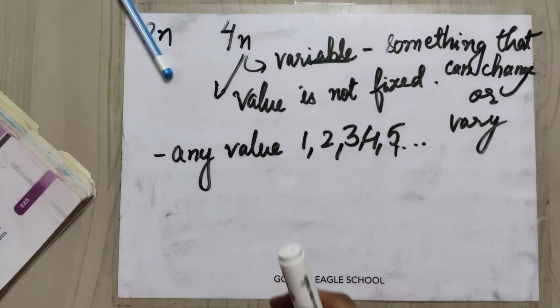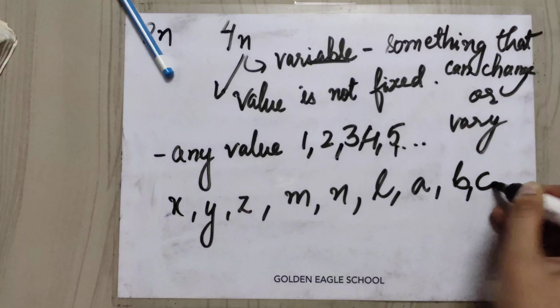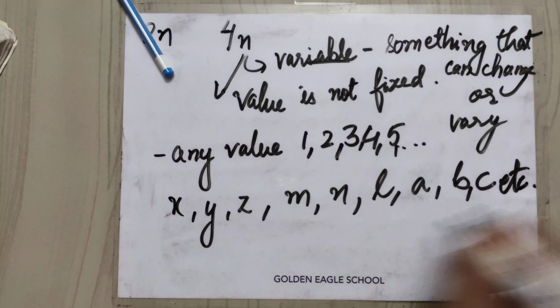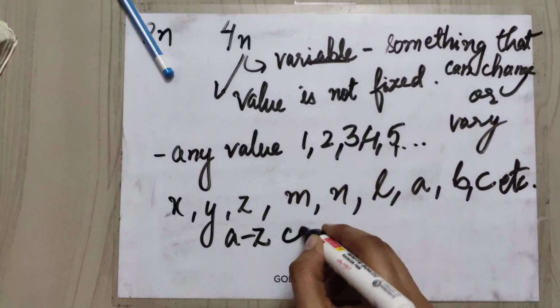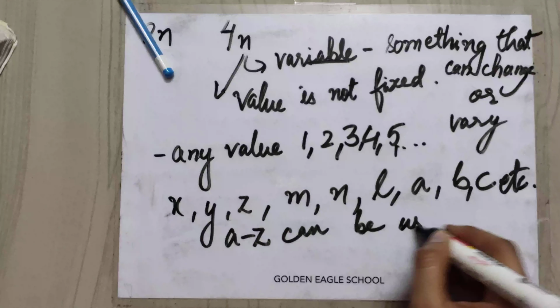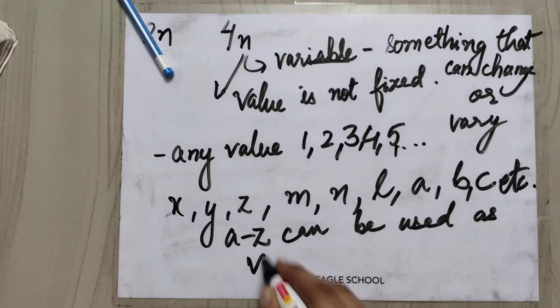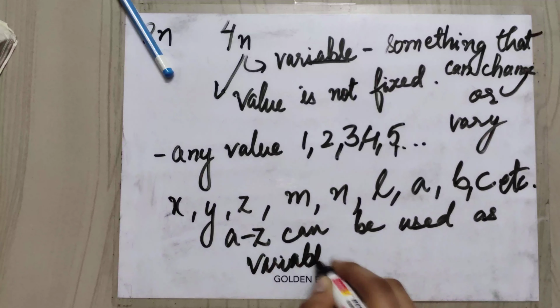So in matchstick patterns we have studied about variables now. Now we'll see some more examples of variables. We may use any letter for variables like X, Y, Z, M, N, L, A, B, C, etc. Any letter from A to Z can be used as a variable.